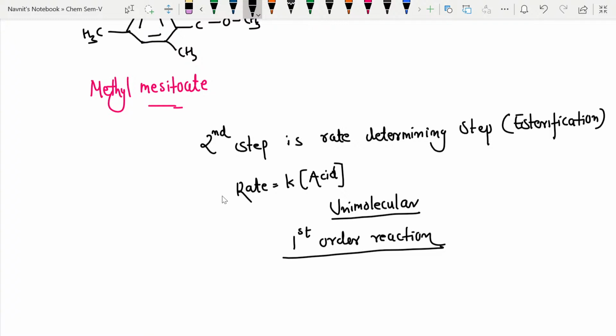If two species are involved, it is a bimolecular reaction. The order of the reaction is an experimental concept, but molecularity is a theoretical concept. In an elementary reaction, order is equal to molecularity, but in a complex reaction we have to see the rate determining step.